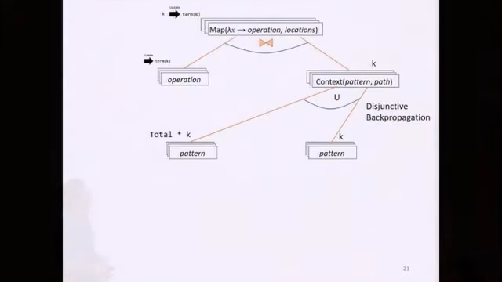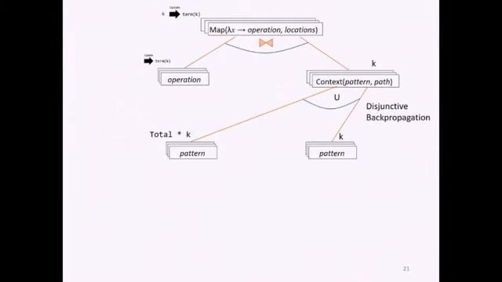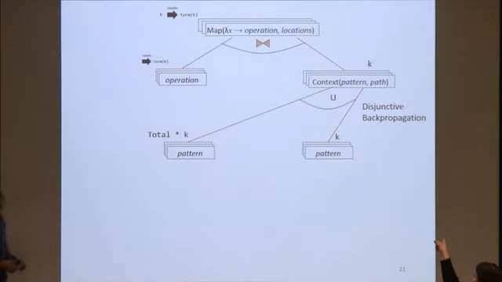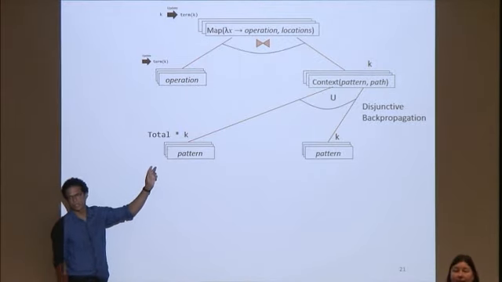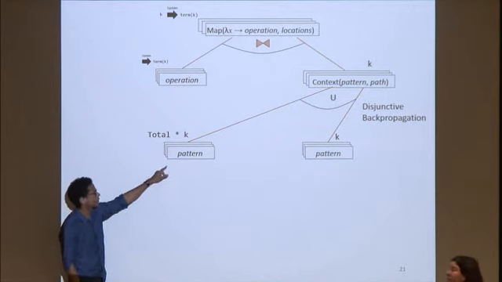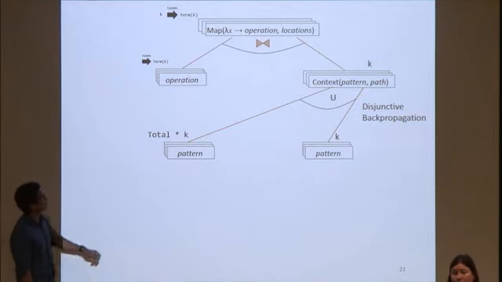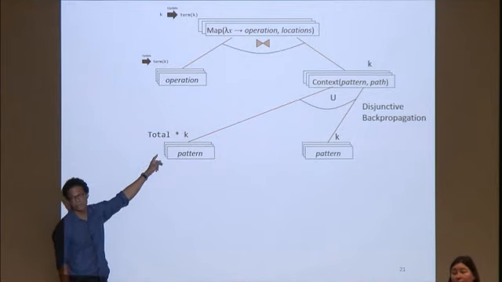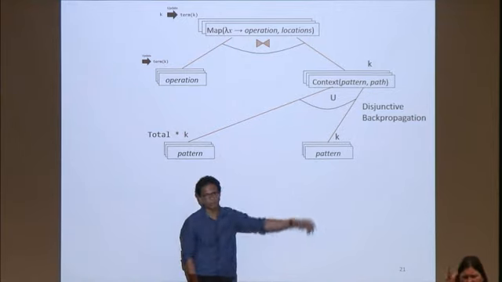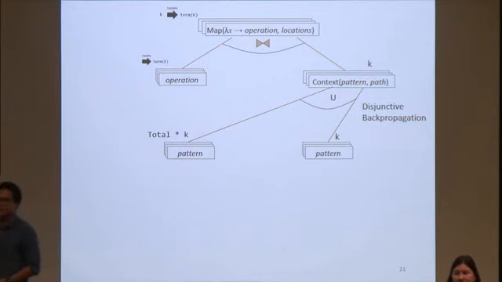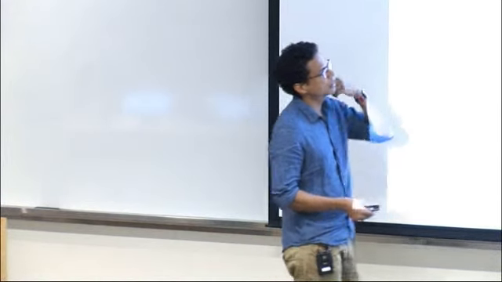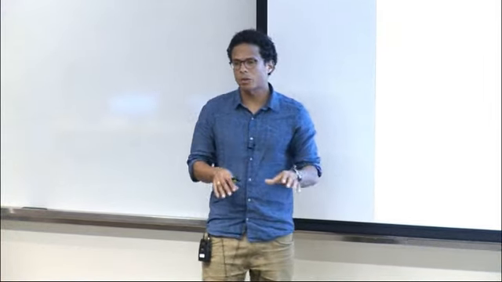In this case, we use disjunctive backpropagation functions to generate two specifications for the pattern parameter. The first one is the specification of the parent, and the second one is the specification of the node itself. And then we can get the union of these problems that we solve and get all the patterns that we want to generate.